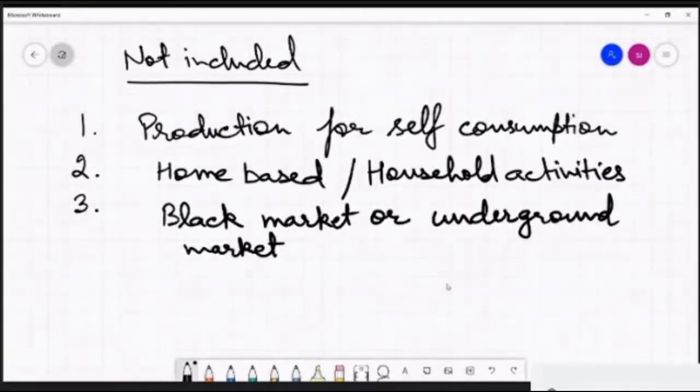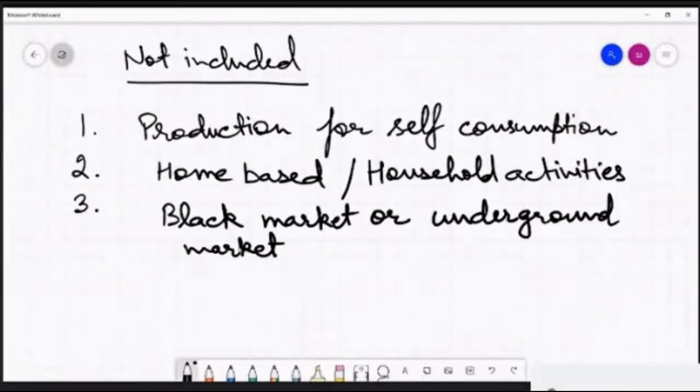So that is through an agency. But generally, we don't keep our house helpers through an agency. As I told you, anything which is sold and purchased through the market counts. All the activities performed by various types of saints, babajis, are not market-based activity because they are all for self-consumption.